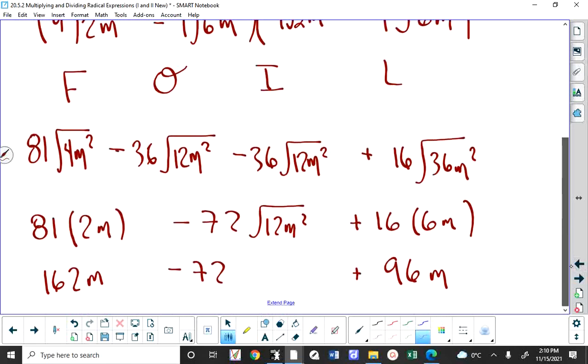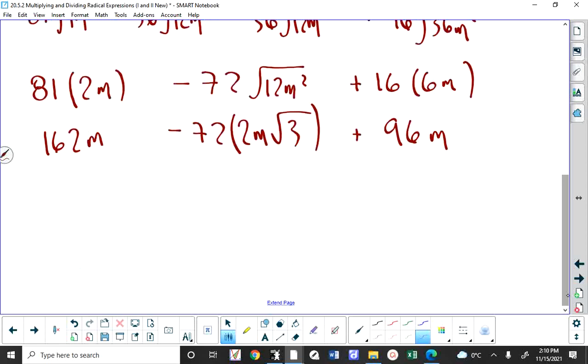And we are almost done. We can, of course, add the 162m and the 96m together to get what I believe is 258m, but I want confirmation on that. It is. And then this negative 72, Lynette, and this 2m are both coefficients.